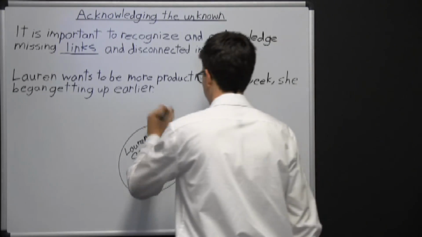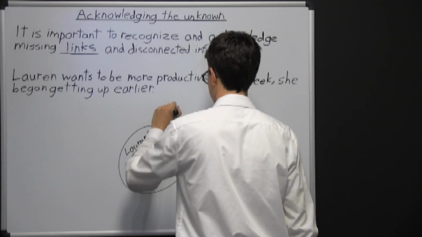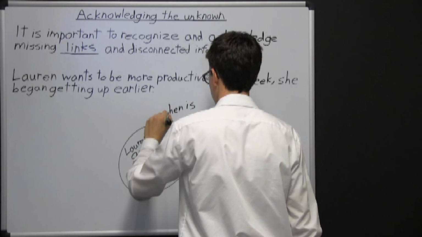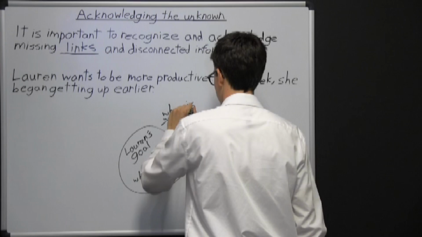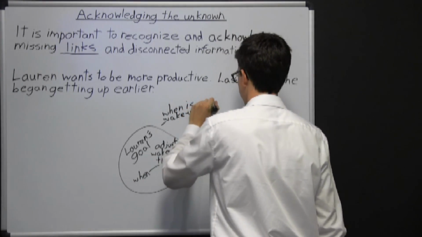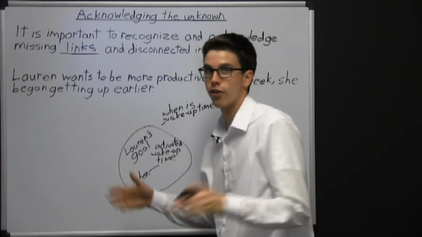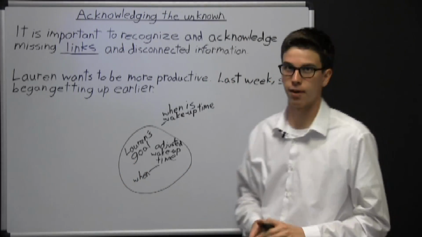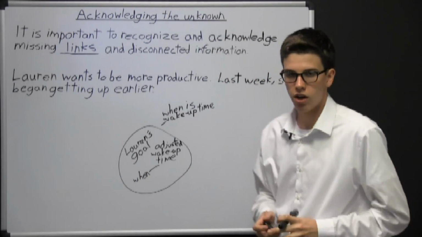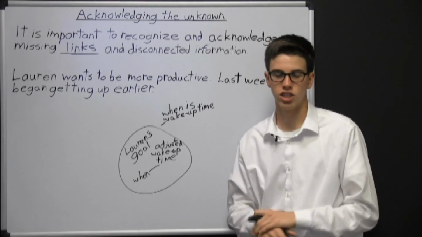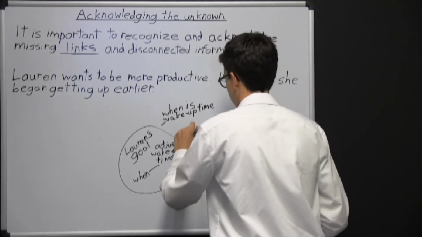That's all we know. So what are some things that we don't know? We don't know when this new wake-up time is. We just know the wake-up time is earlier, but earlier than what? This could be 9 a.m. or 3:30 in the morning. We have no idea. We don't know why she changed the wake-up time.